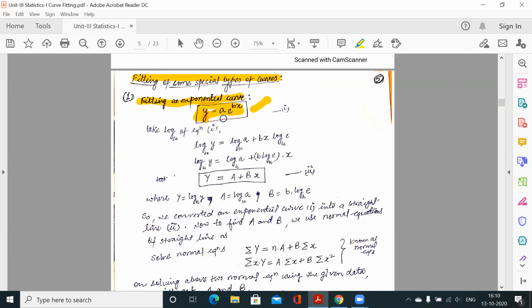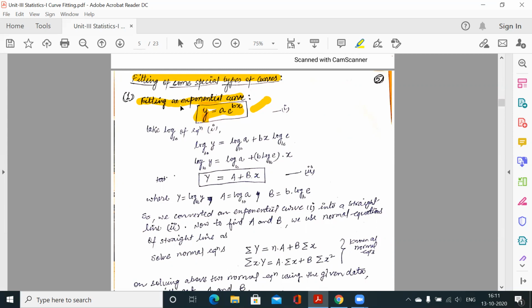For a straight line we have different normal equations, for a parabola we have different normal equations. Similarly here also we need different normal equations, and I have not yet told you how to find a normal equation. We will discuss that after all the questions.